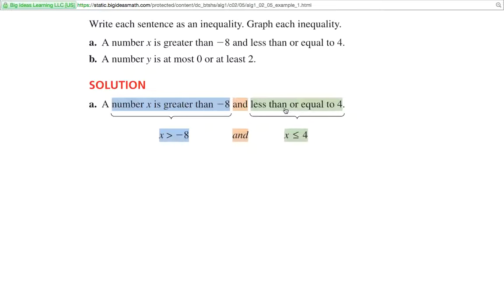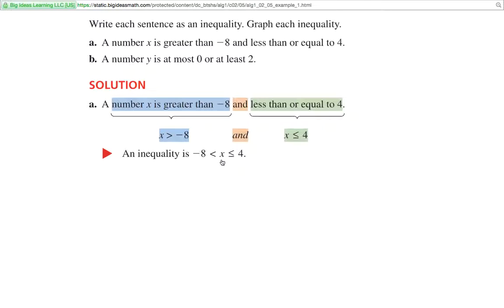The number x is going to be attributed over here in the green, so it's going to be an and statement. So x is less than or equal to 4. We're going to write that as -8 is less than x and less than or equal to 4.